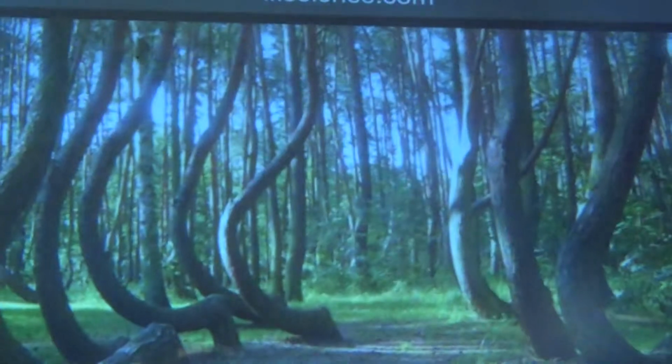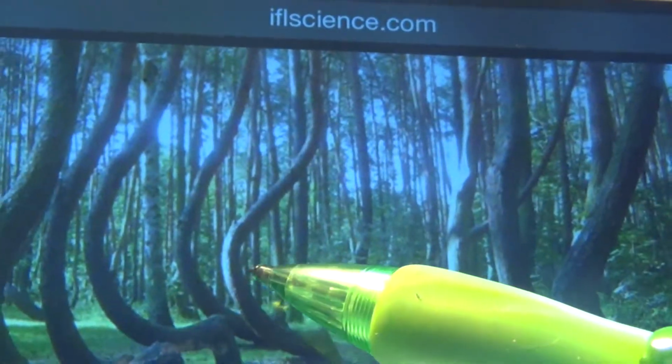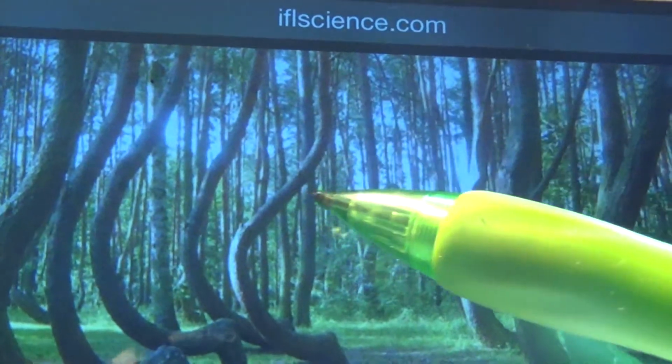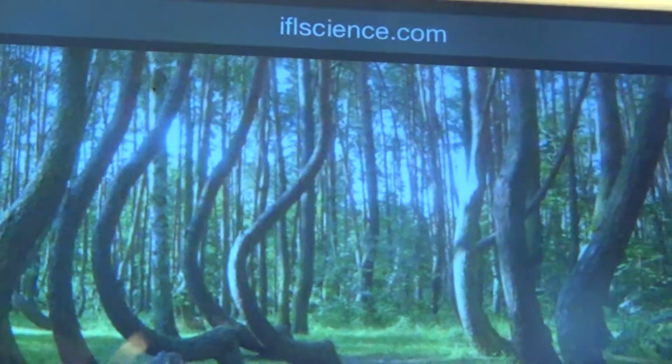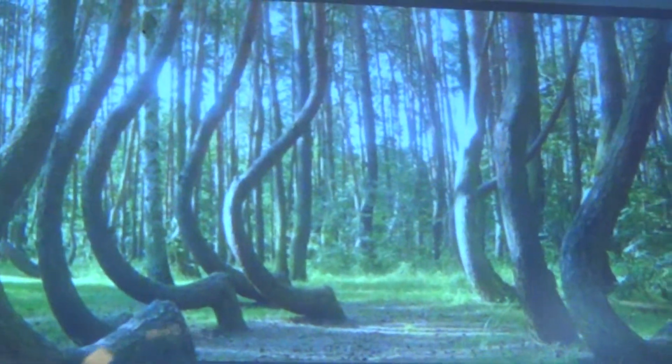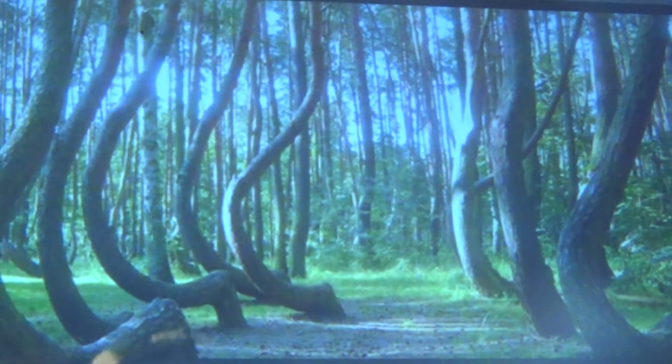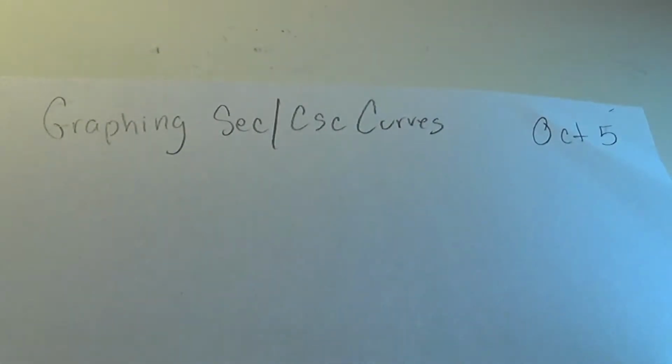So here's the tangent curve right here, like that. Very good. And today in class we learned the cotangent curve, so let me find one of those for you. It's not as cool of a picture of that.